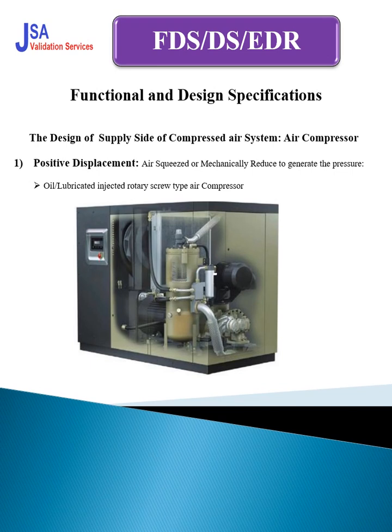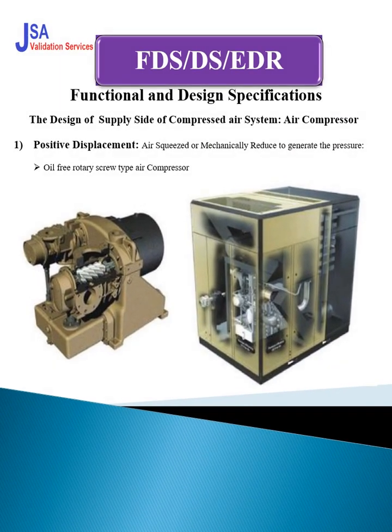This is the positive displacement air compressor, where the air is mechanically reduced to generate the pressure. The oil-lubricated injected rotary type air compressor is this type, which you see in the facility. Then again, the oil-free rotary type compressor, and this is the graphical representation.